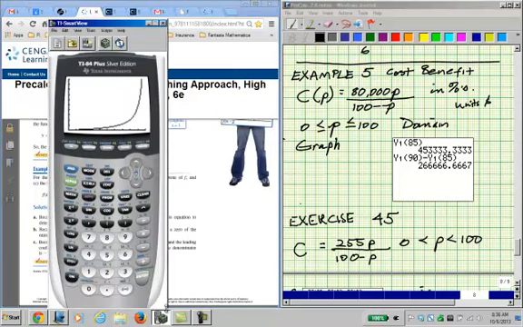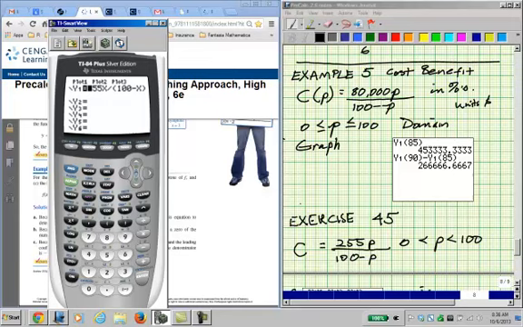So let's get the calculator back. Now, I put the function in, 255p divided by 100 minus p, that has to be in parentheses. I could graph it. There's a lot of different ways you can get this information out of here.